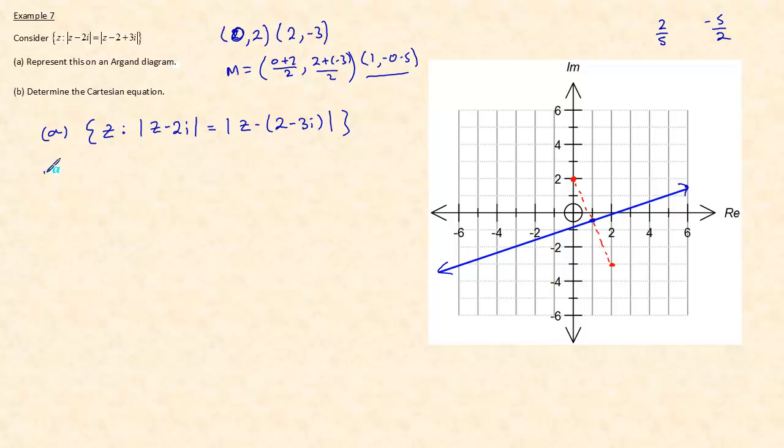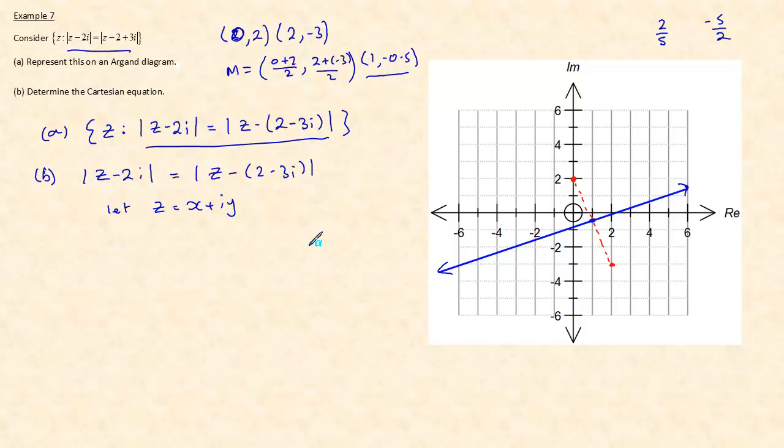Now, in part B, we want the Cartesian equation. So there's a couple of different ways we could do this, and the safest way is probably to go from here, or at least from here. We know mod z minus 2i is mod z take away 2 minus 3i, and then let z be equal to x plus iy in the usual way.